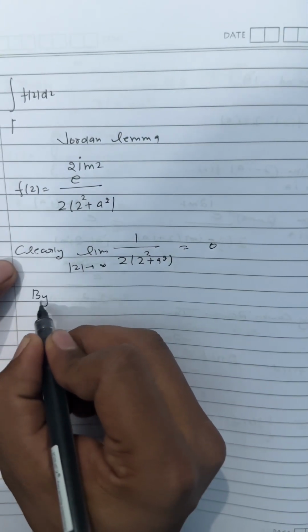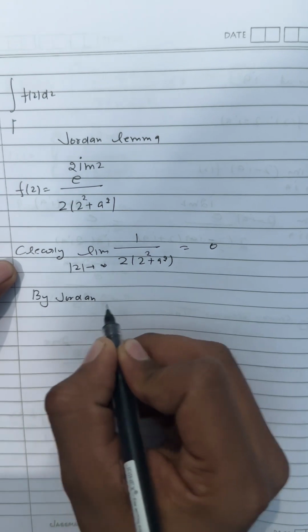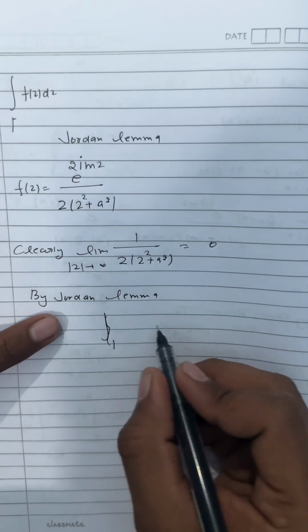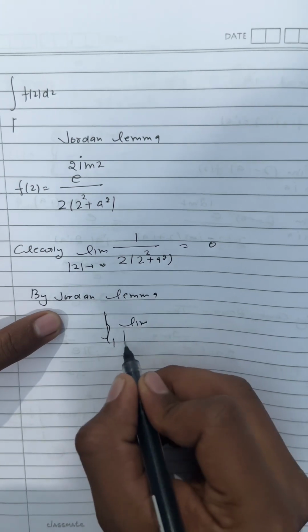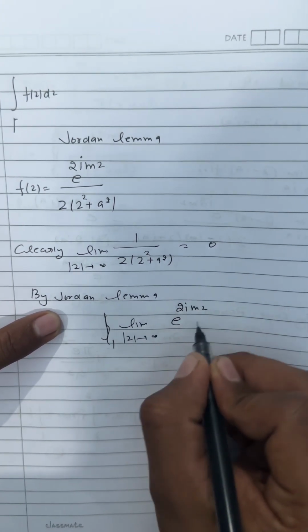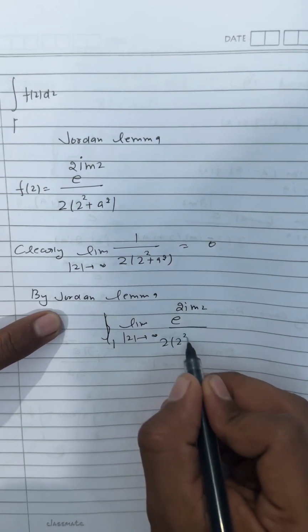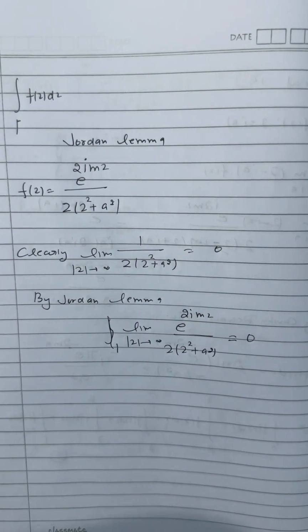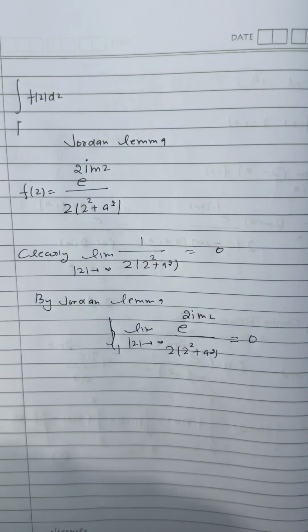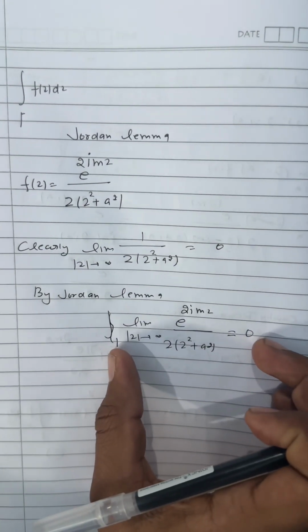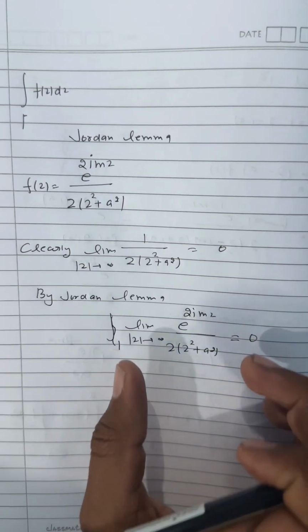So by Jordan lemma, limit z tending to infinity e raised to power 2 iota mz divided by z square plus a square is equal to 0. So when z is tending to infinity, this number is going to be 0.